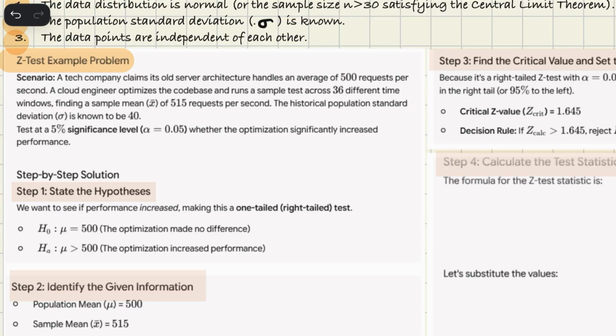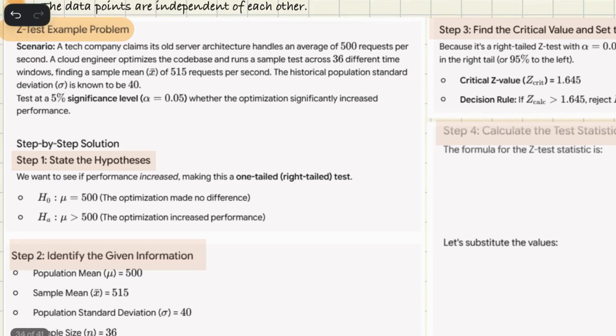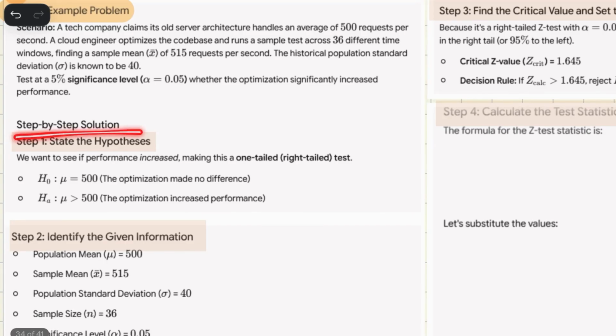Okay, now we set up the variables. The very first step of the z-test is to state the hypotheses. The question explicitly asks if the optimization increased the performance. The word increase tells us that it is a one-tailed test. So let's write the null hypothesis. The null hypothesis states that the optimization made no difference. That means the mean is 500.